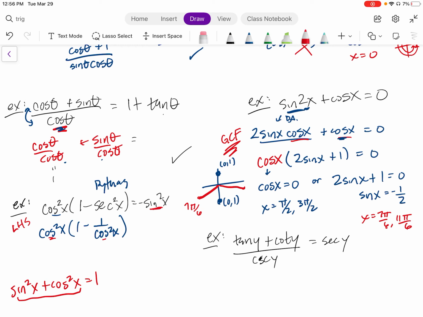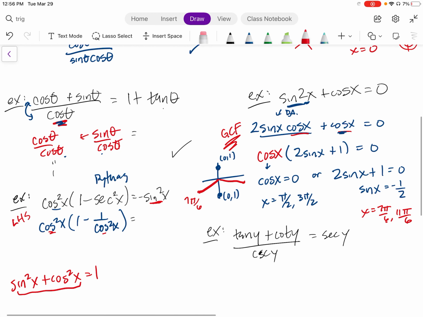Again, you don't have to. I mean, there are many ways to do this problem, but that is an idea. So sine squared is equivalent to 1 minus cosine squared, right? Just subtract that to the other side. Don't forget your negative out front though, right? The negative, and then 1 minus cosine squared.